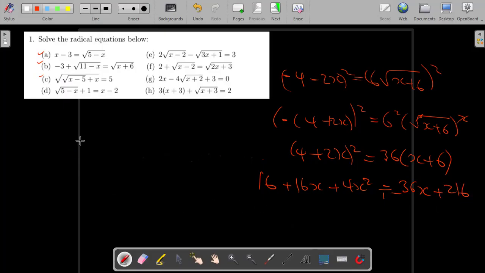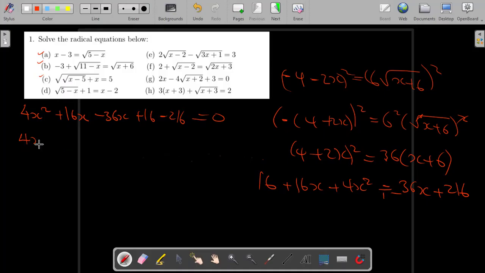From there, I can group the terms. I take everything to the left side again. So I have 4x squared plus 16x, then minus 36x, and then 16 minus 216 equal to 0.